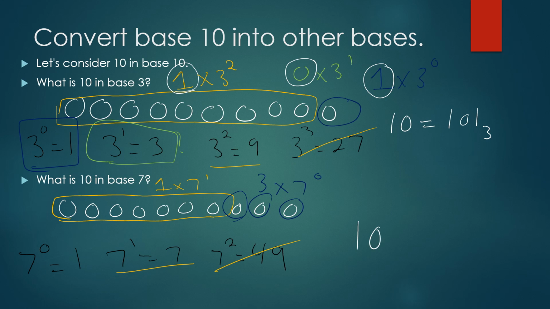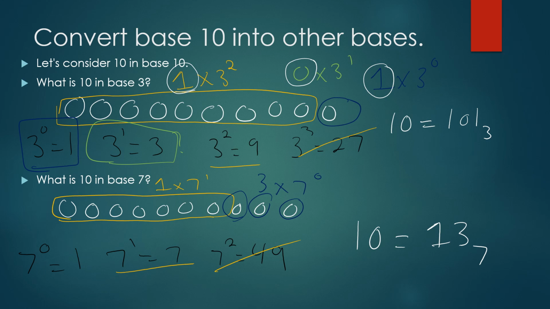This means that 10 is the same thing as 1, 3, base 7, where there are 3 singles and then one group of 7. So when we're converting bases, we converted base 10 into other bases is what we did.